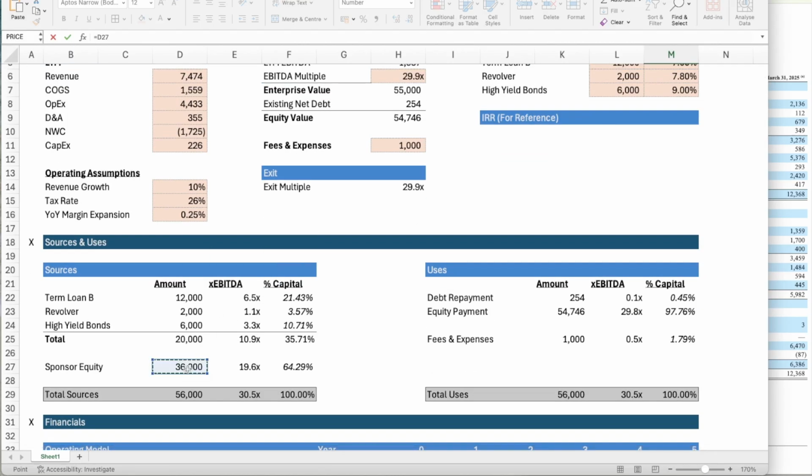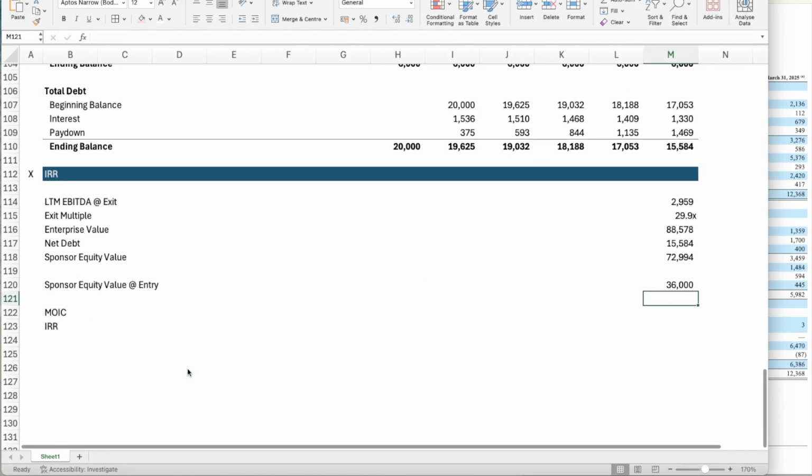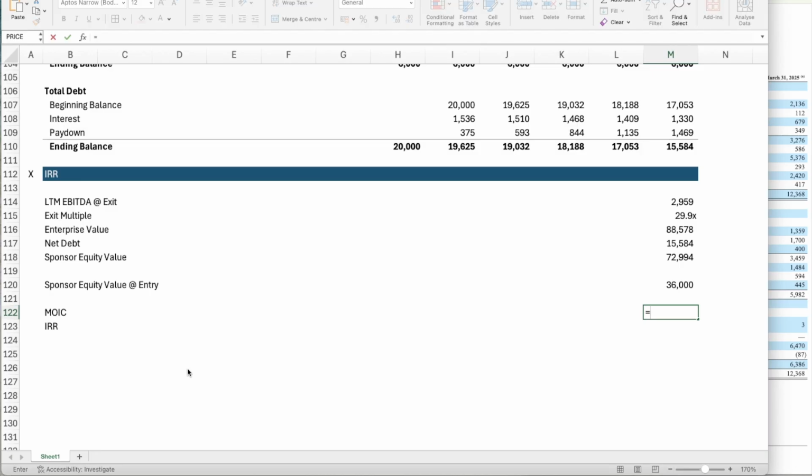There we go. So for the multiple on invested capital, you just do the sponsor equity value at exit divided by the sponsor equity value at entry. So it's about 2x.